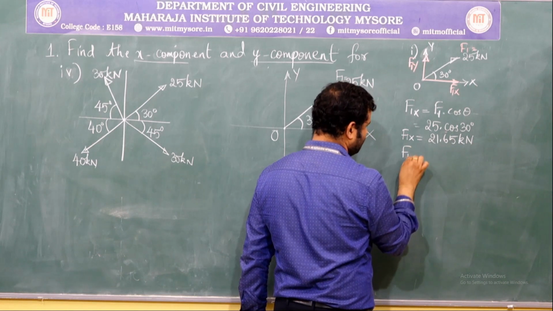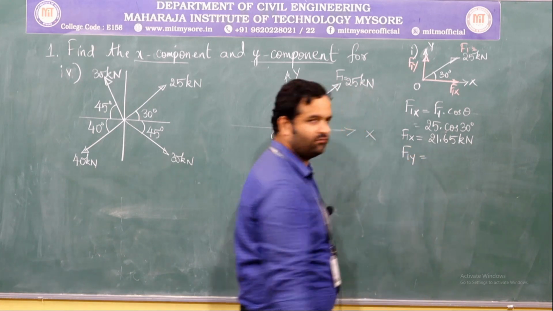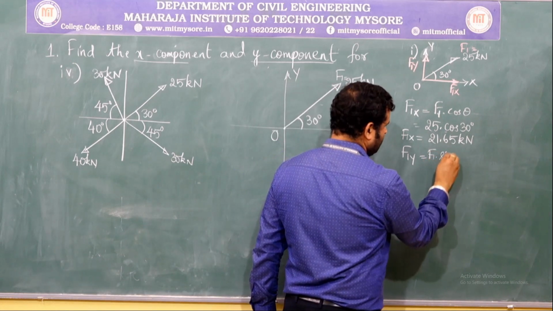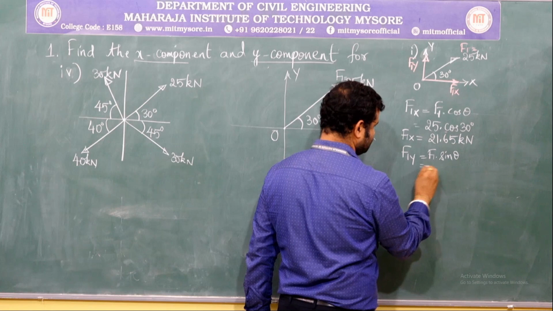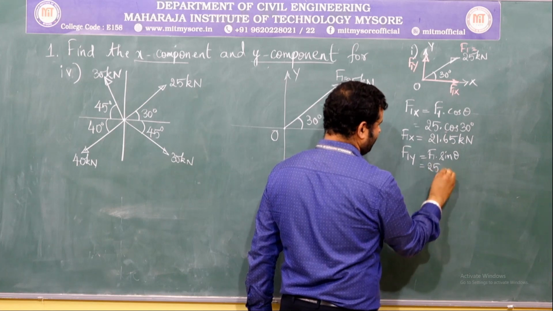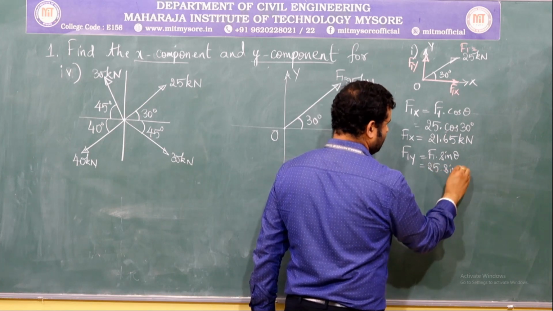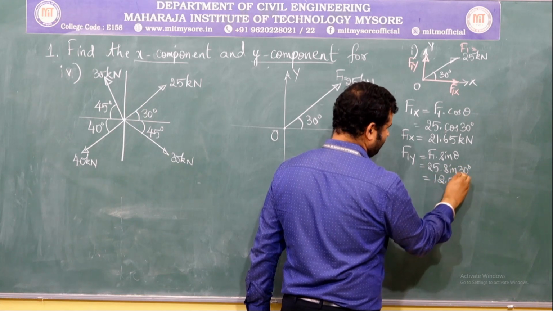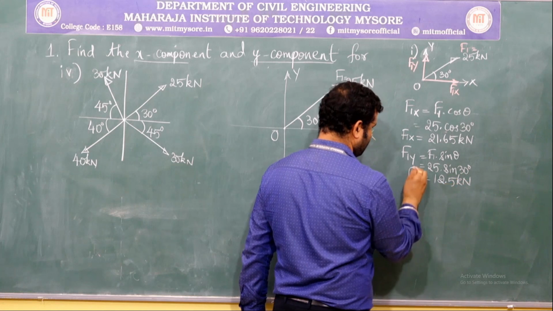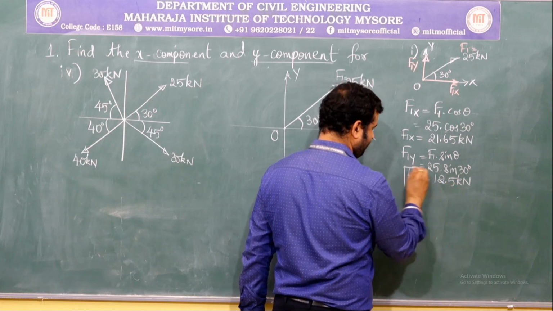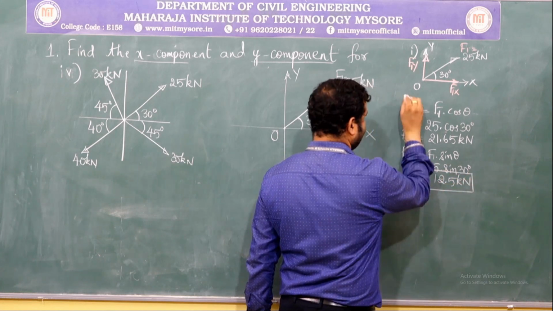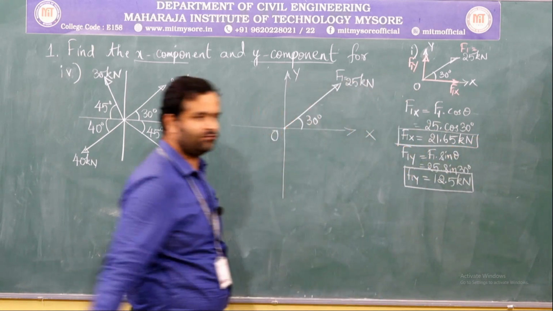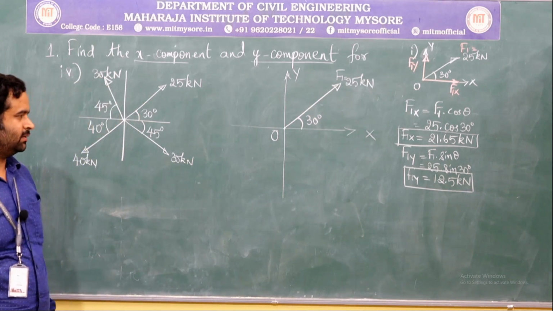Similarly, find its y component, F1y, which is equal to F1 sin theta, which is equal to 25 into sin 30, which is equal to 12.5 kilonewton. So this is F1x and F1y.